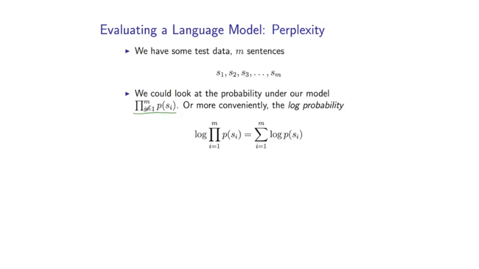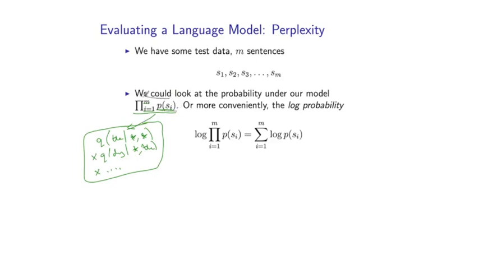So here I have a product from i equals 1 to m of p of s_i, where this p is itself some product of terms, for example, q of the given star star, times q of dog given star the, and so on and so on. This function p is a function of our parameters. Now, a good language model, intuitively, should assign as high probability as possible to these test data sentences.